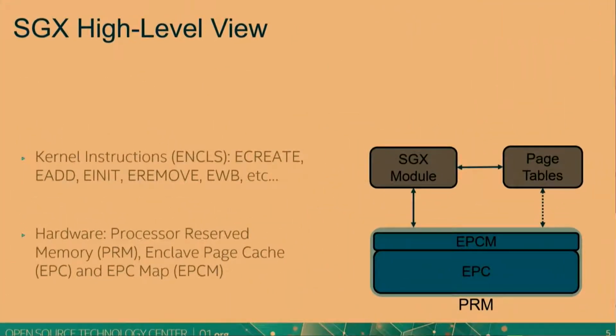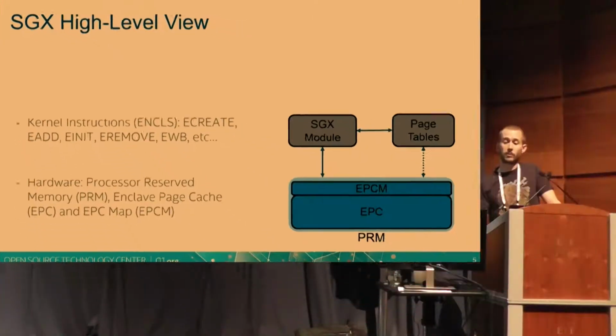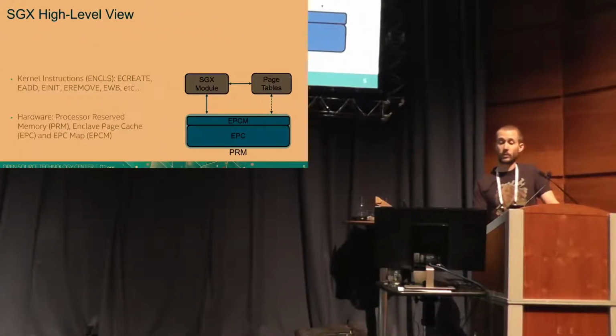Bumping one level up into kernel space, SGX exposes a variety of instructions. They're all under one opcode, ENCLS, with a bunch of leafs for implementing various capabilities. So you can create an enclave, add pages to it, initialize the enclave. Then at this level is where you manage all of that EPC memory. The kernel still has full control over the EPC, as in normal memory.